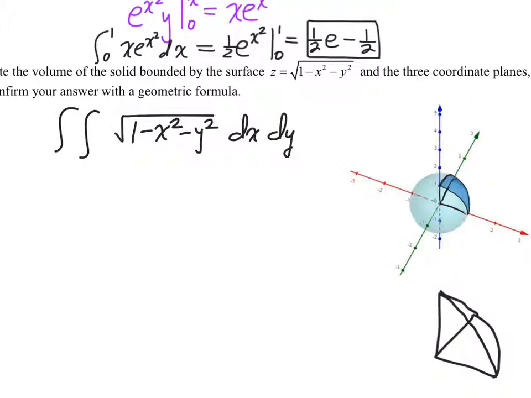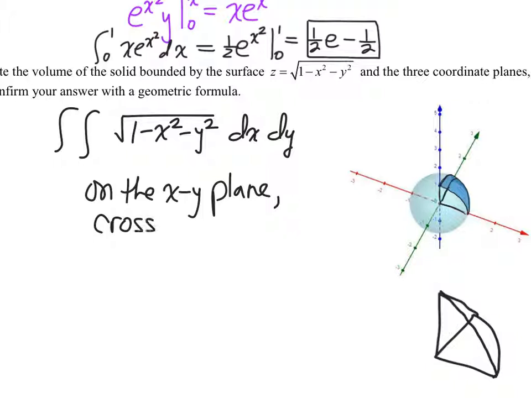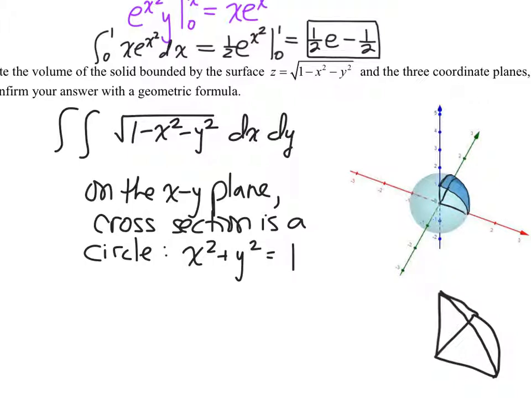So the cross section on the xy plane is a circle, specifically x squared plus y squared equals 1.